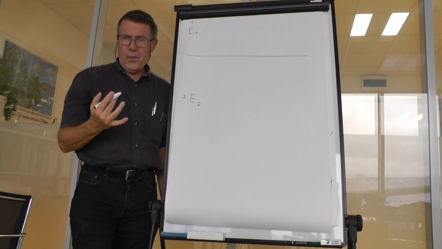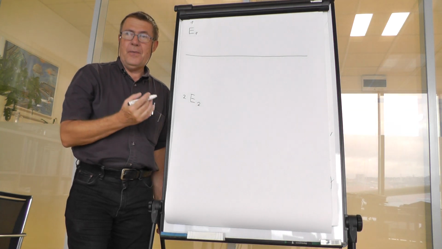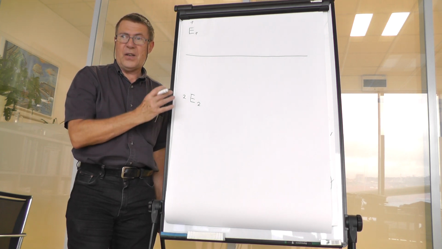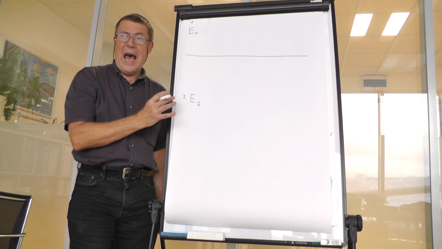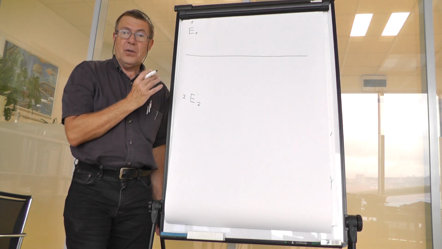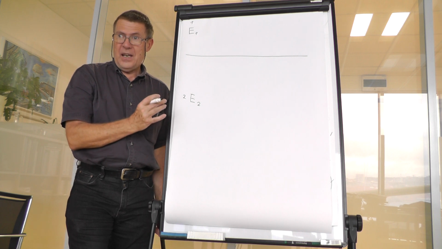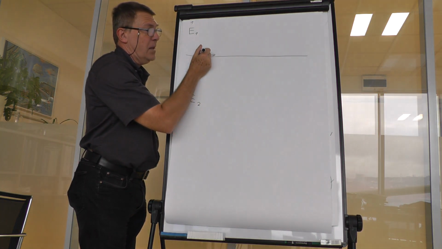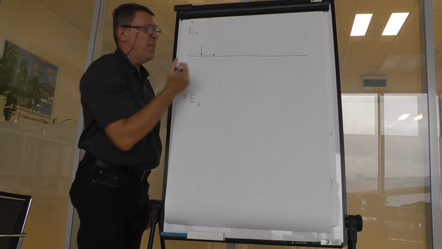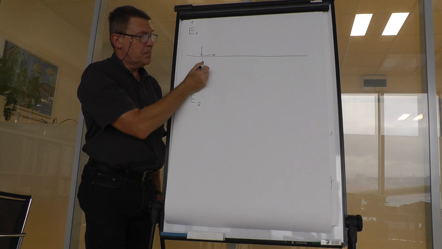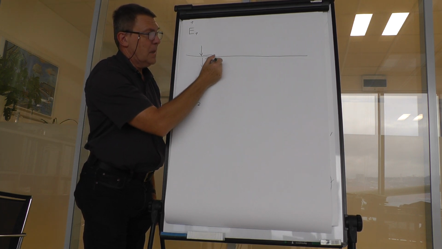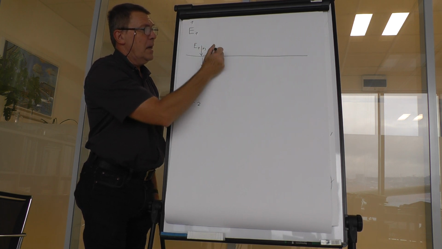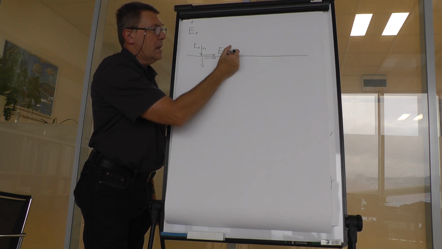Now again, we would have to divide those vector components, which here in a steady current field would be electric field strength E and current density J, into two parts, tangential and normal. So for example, this would be E1 normal, and this would be E1 tangential.